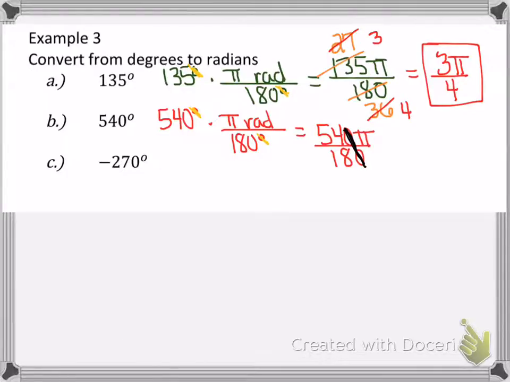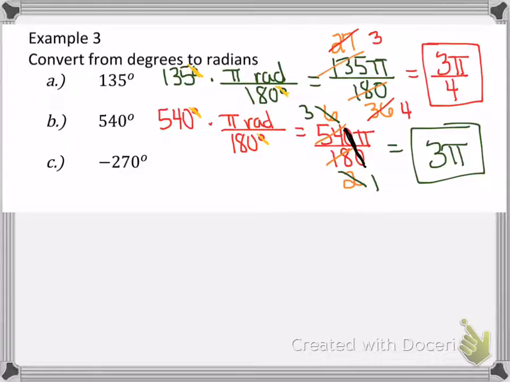Then I have 54 over 18. I believe they're both divisible by 9, so 54 divided by 9 gives me 6, and 18 divided by 9 gives me 2. Then we see that they're both again divisible by 2, so that gives me 1 and that gives me 3. So my answer would be 3 pi.